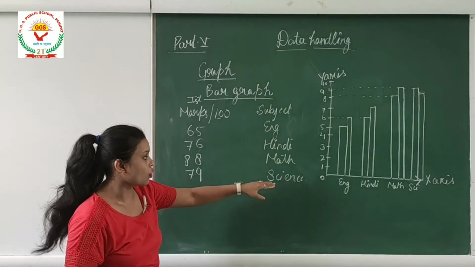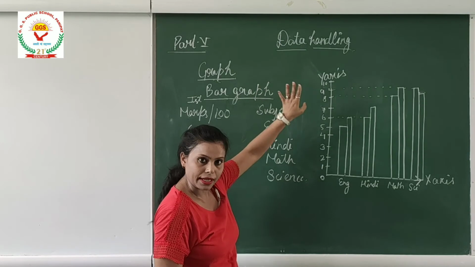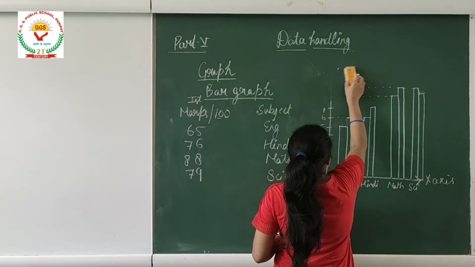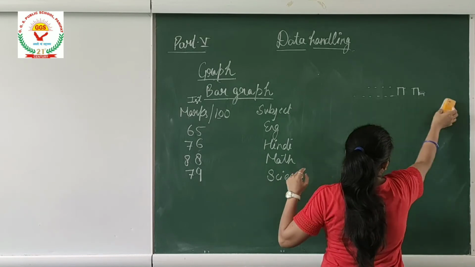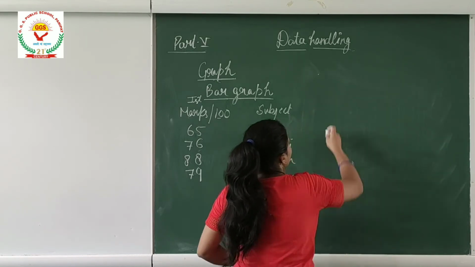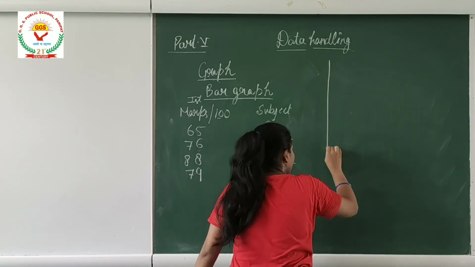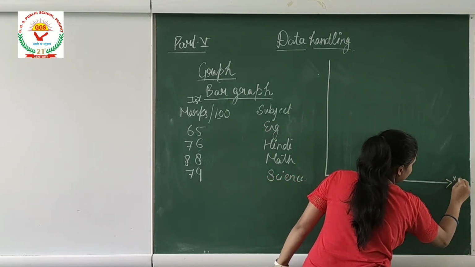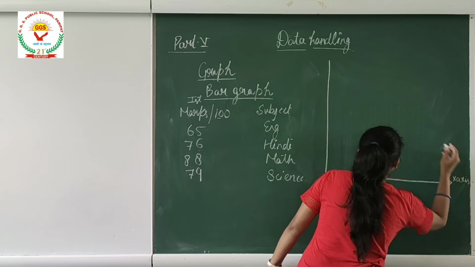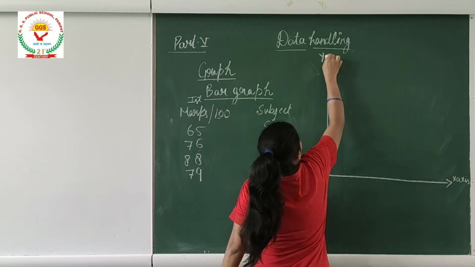We cannot draw from 1 to 100 by counting, right? So what will we do? We will take a scale. This is the x-axis and this is the y-axis.